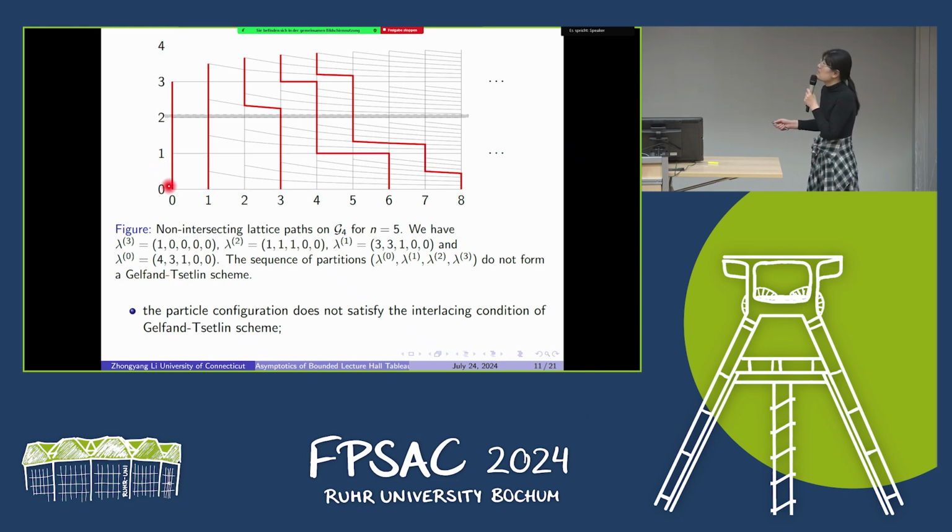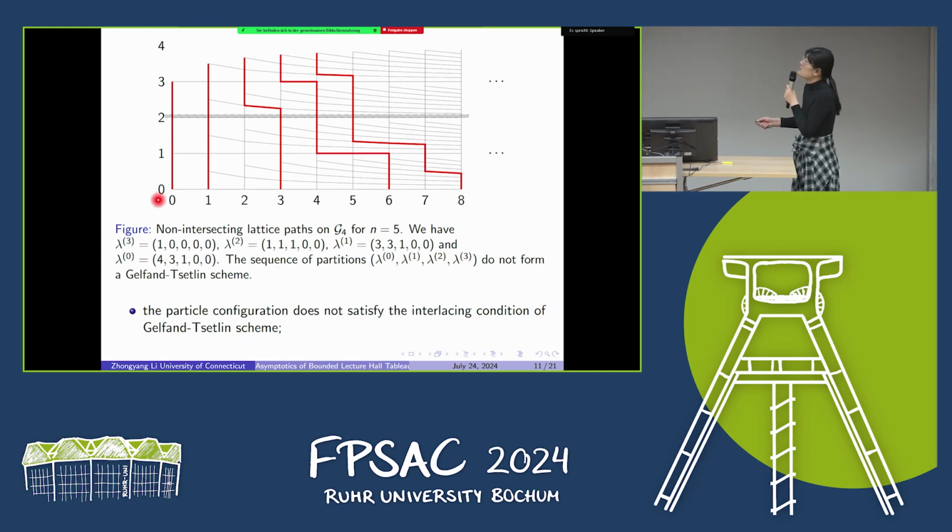Those points are represented by the non-intersecting paths; there you have particles, and otherwise you have holes. The starting points are fixed, so this partition is fixed by lambda. Originally if we have Young diagram lambda, then this boundary condition is given by lambda. If we have skew-shaped lambda over mu, then this boundary condition is given by lambda, and that boundary condition is given by mu.